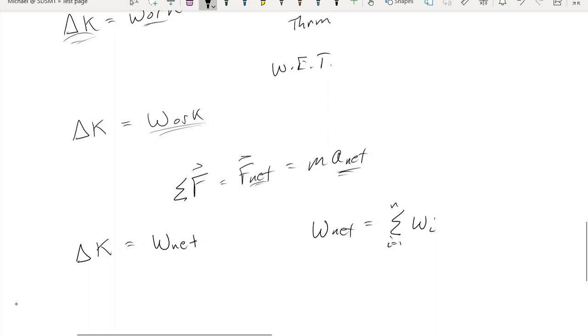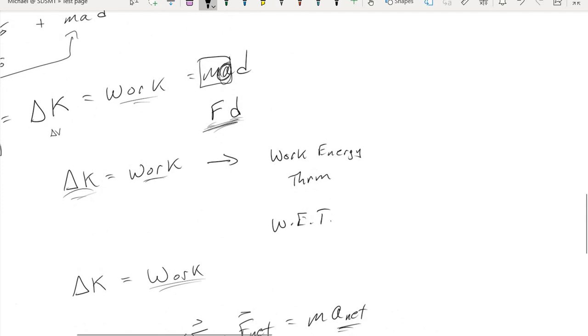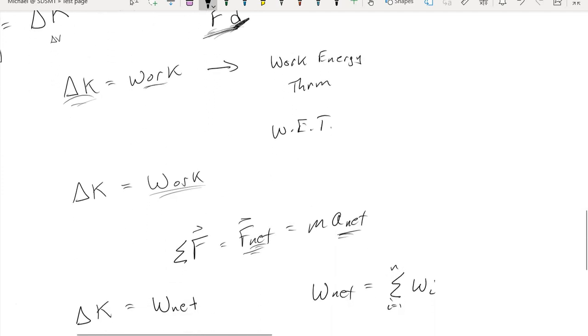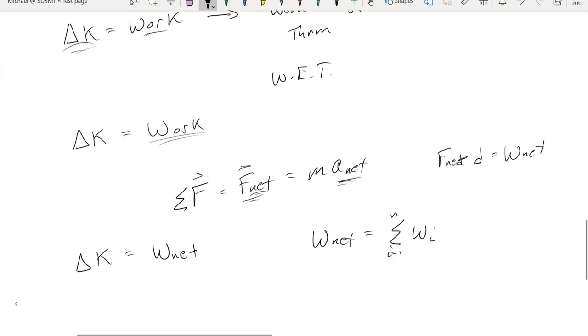Okay, well, we've been preparing for this. In chapters 5 and 6, we've been working on taking the summation of forces. Now that we've done that, we can apply our net force to the displacement of the object. And that should tell us what the net work is. Net, not Ned.